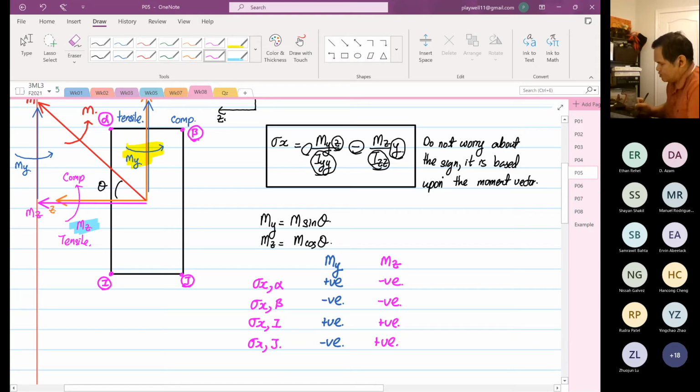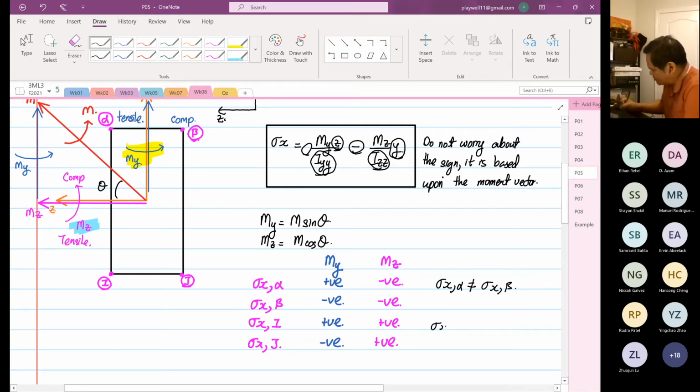So what you realize over here, if you look at stress X alpha and stress X beta, is that stress X alpha is not equal to stress X beta. It will not be the same at all.